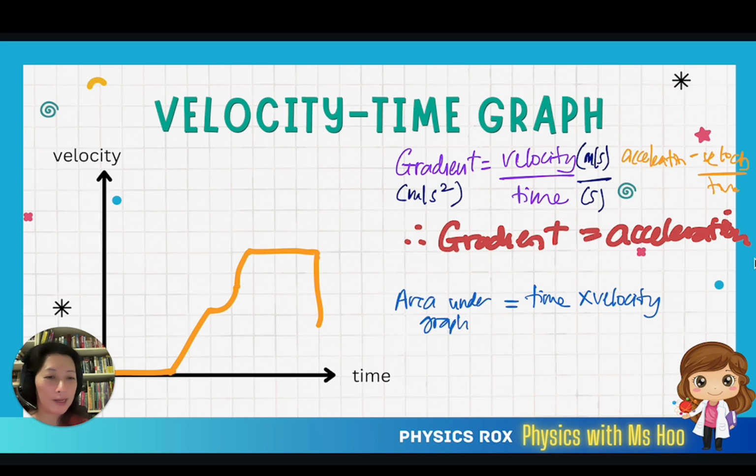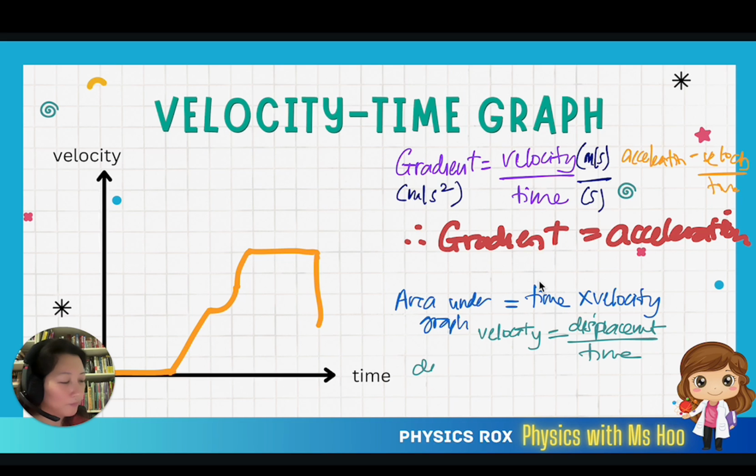That's right, displacement. For those of you who can't see that relationship, remember velocity is displacement over time. So if you bring time up, you would get displacement equals time times velocity. And you can see, yes, they're pretty much the same thing.